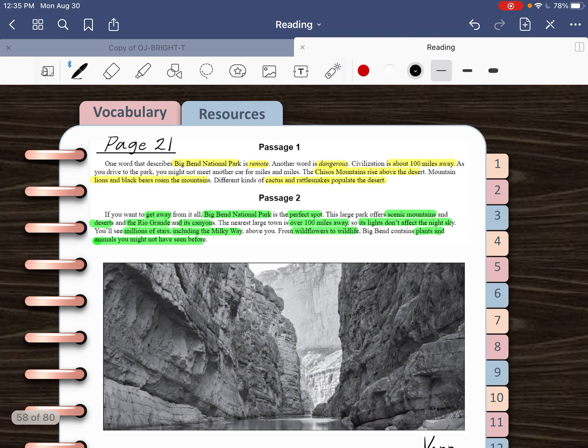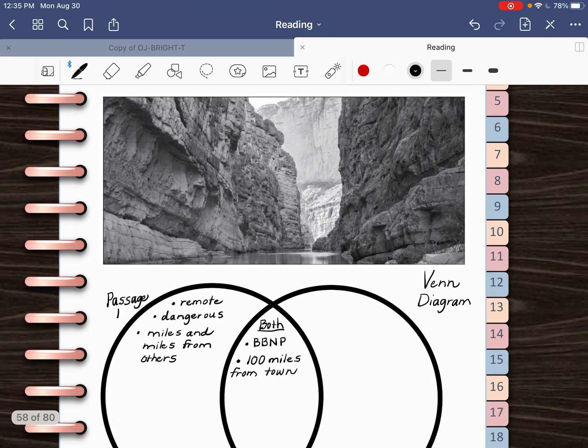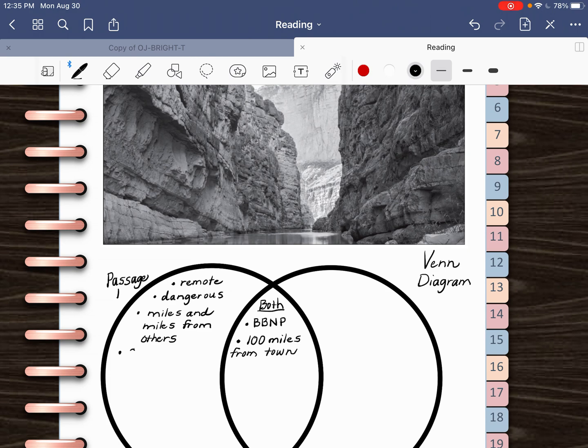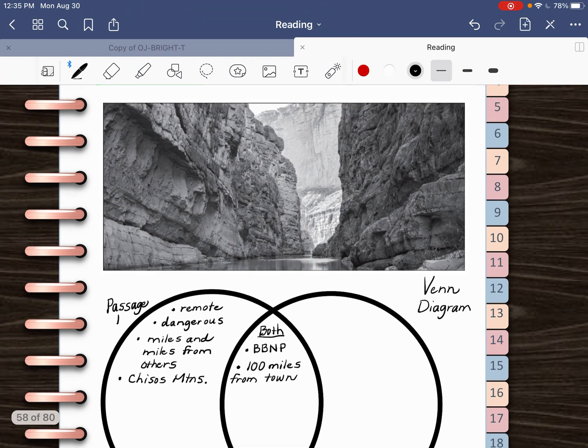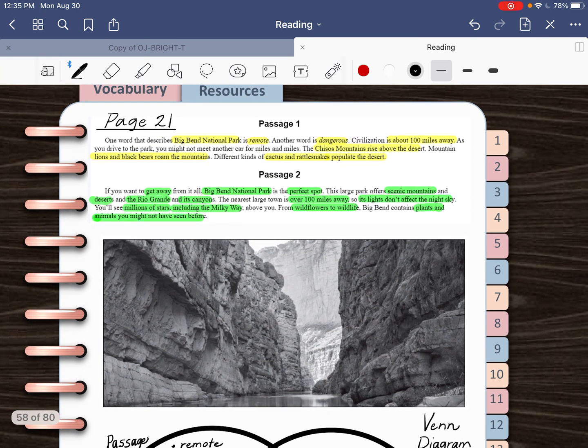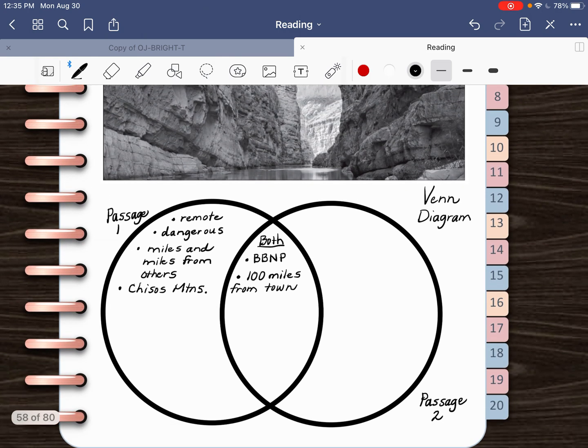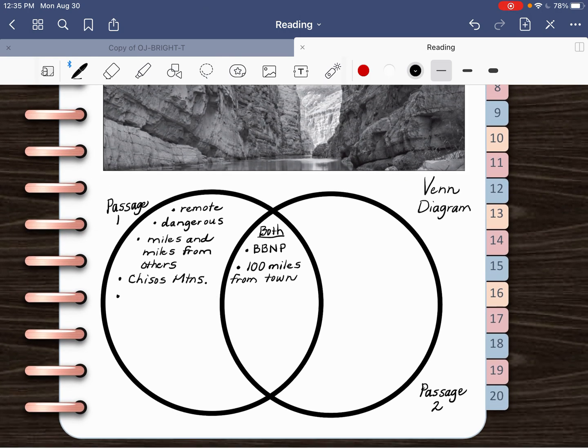Okay. The Chisos Mountains rise above the desert. So this passage mentions the mountain range by name. There are mountain lions and black bears. And really we can say this is both. The other passage doesn't mention them by name, but they do mention animals.